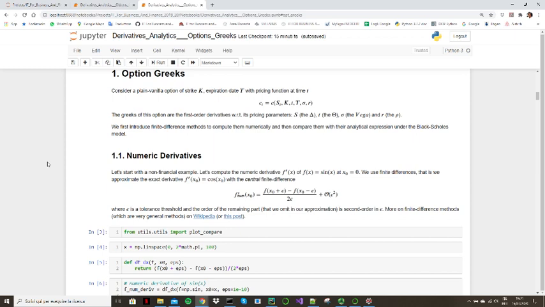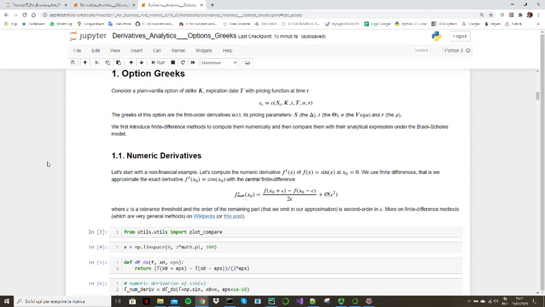So consider a plain vanilla option, which depends on a strike price, on an expiration date, and is evaluated at a given time t. The delta of the option is the first derivative of the Black-Scholes pricing function with respect to the underlying level.